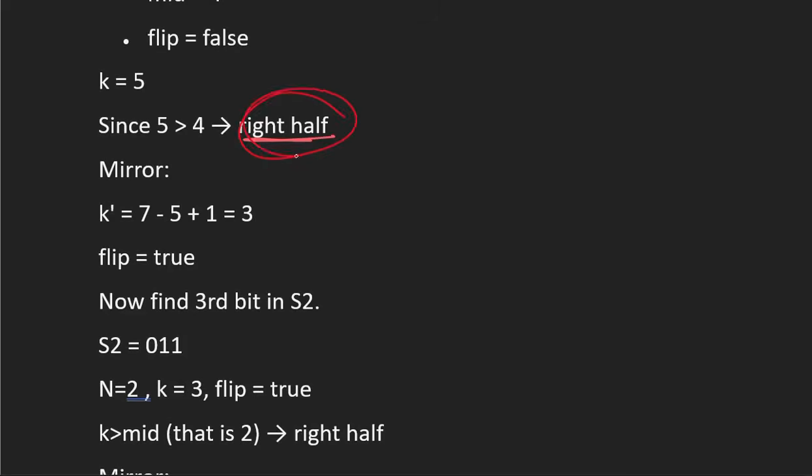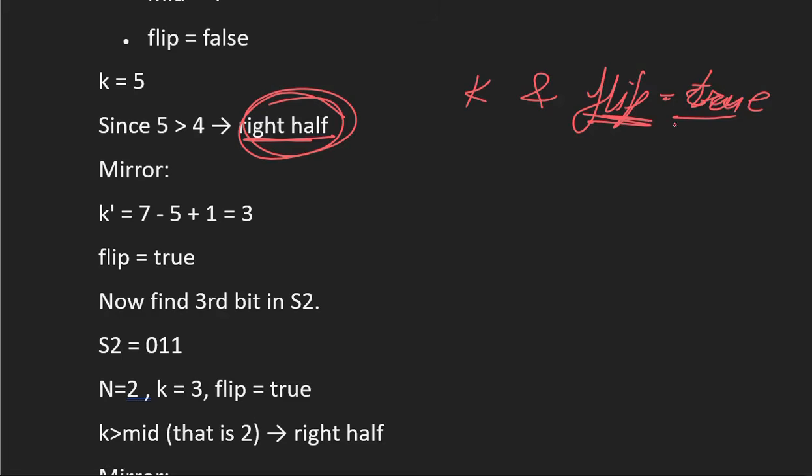And as we go to the right half, we have to update k, and we set flip equal to true. If flip is equal to true, whatever answer we get, we flip the bit from 0 to 1 and 1 to 0. And if flip is false, then we won't do anything, we just return the bit directly.